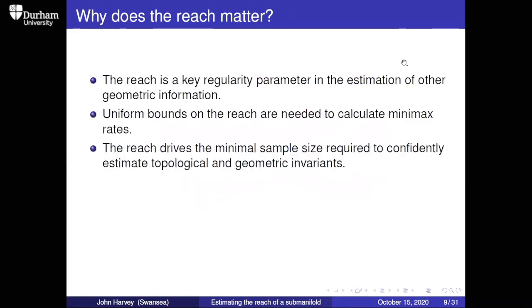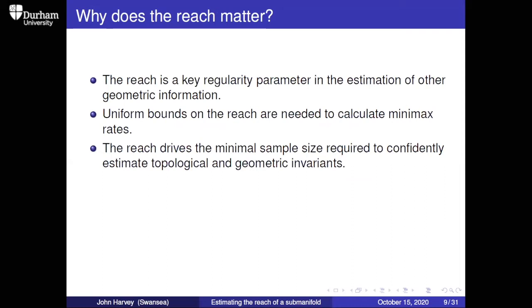So what's so important about the reach? It's well established now in the geometric inference literature. I think every paper that I have read where someone tries to draw some kind of inference about a geometric parameter, it's necessary to control the reach. It's an absolutely key regularity parameter. You need some sort of uniform lower bound on the reach in order to calculate minimax rates for anything, right?